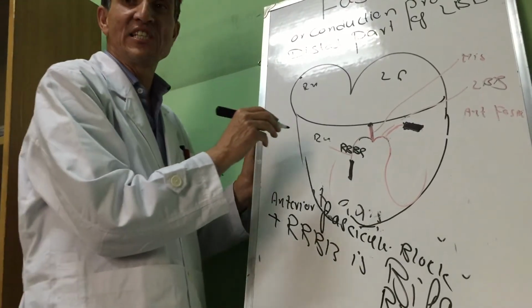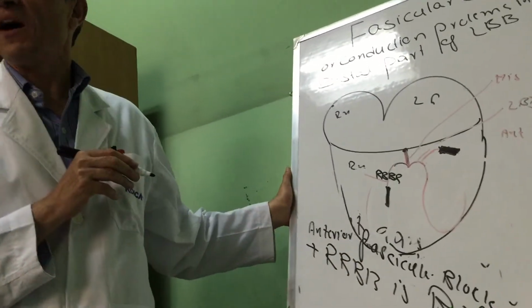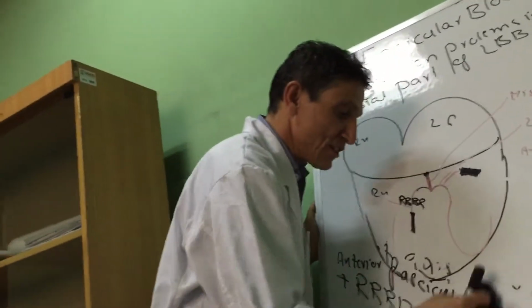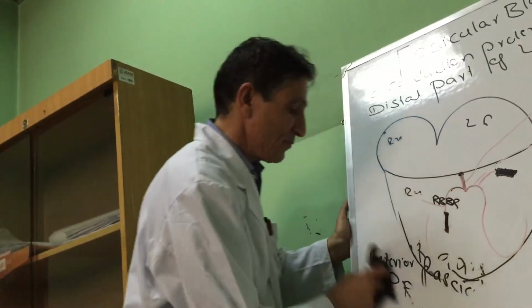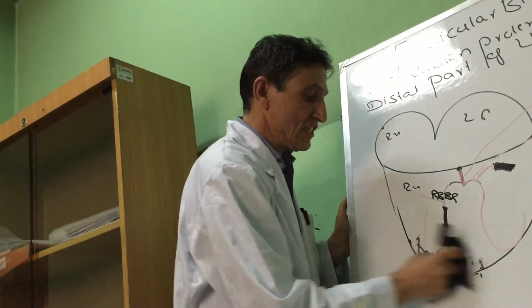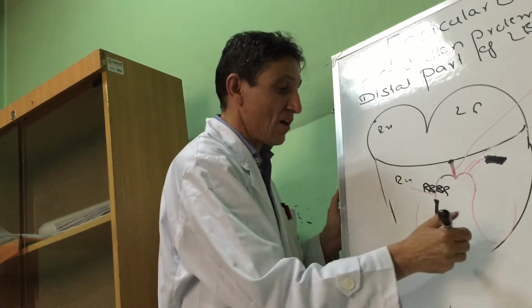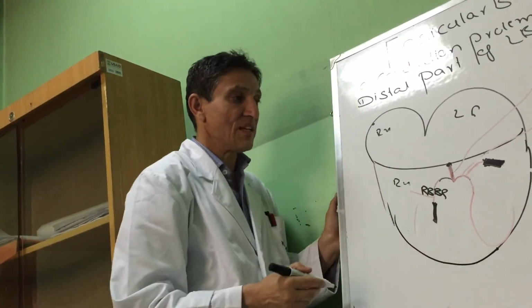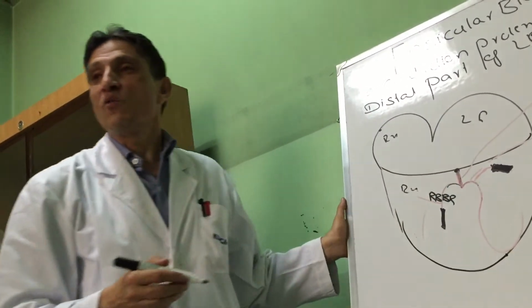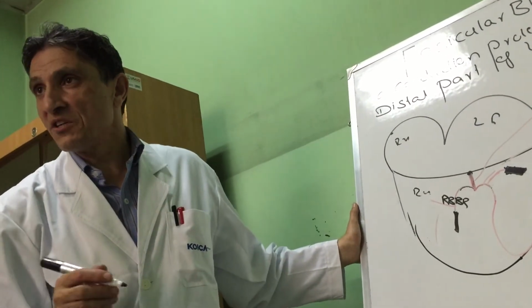What would be the ECG of a patient who has bifascicular block? Bifascicular block ECG pattern. Now, anterior fascicular block, what type of ECG change will it produce?